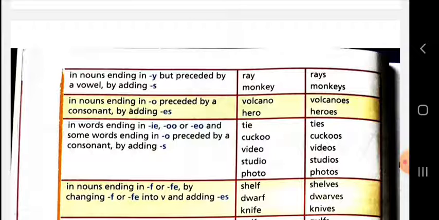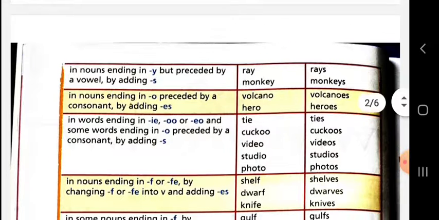For example, tie, the last letter is e, you need to add only s to make its plural, ties. Cuckoo, cuckoos; video, videos; studio, studios; photo, the last letter is o, and before o a consonant is written, so you need to add only s.